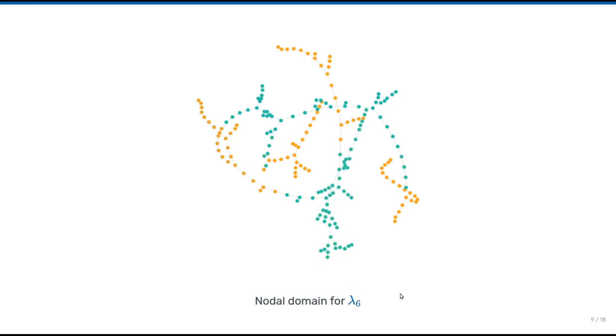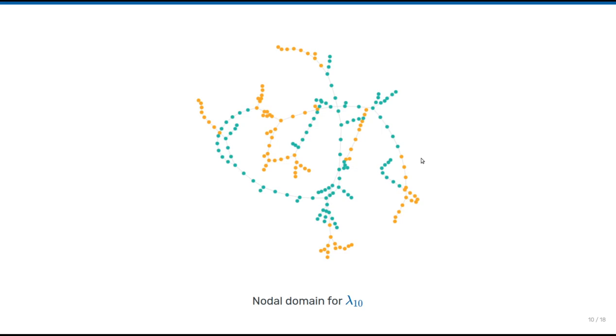Then I'm increasing again, and you see that you have an eigenfunction on the graph that is varying more and more as I increase the frequency. So here for lambda 10, you have several disconnected components, where the eigenfunction is non-negative on the orange part, and negative on the rest. It's a little bit like the sine or cosine in standard Fourier analysis.